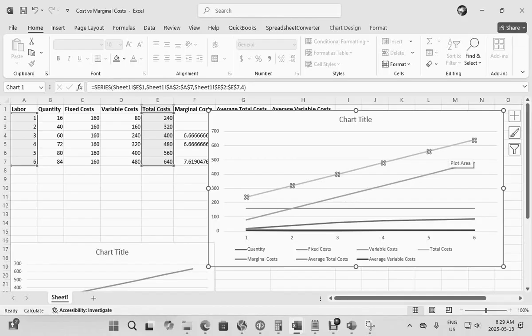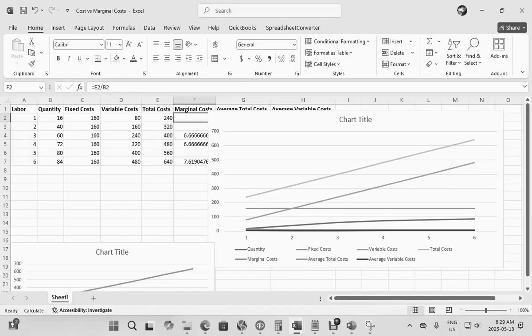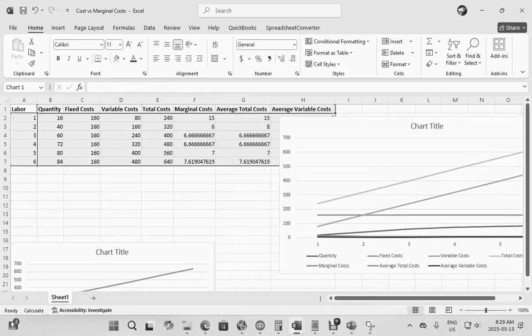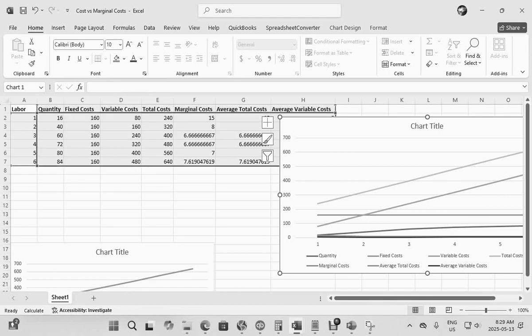Now your marginal cost is a derivative. Being a derivative, this will be less than your total cost. Your marginal cost basically says, this is how much it takes to produce one unit.